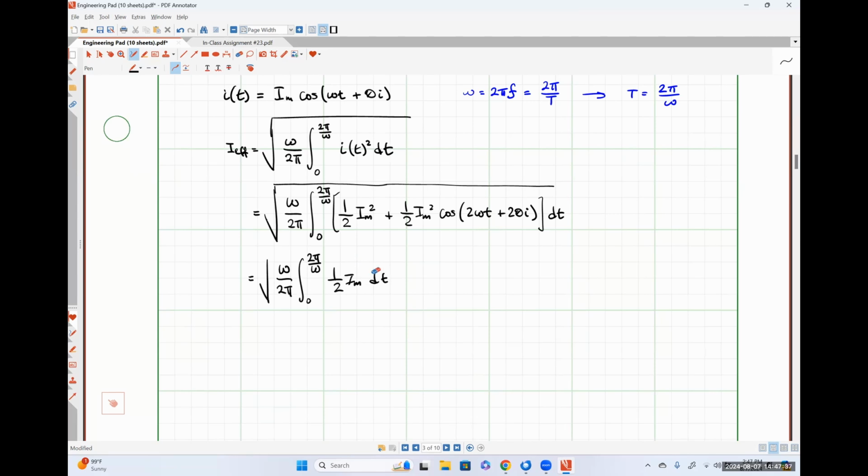That 2 looks like hot garbage. And then we'd also have omega over 2 pi times the integral from 0 to 2 pi over omega of this 1/2 I_m squared cosine of twice omega t plus twice theta_I dt.